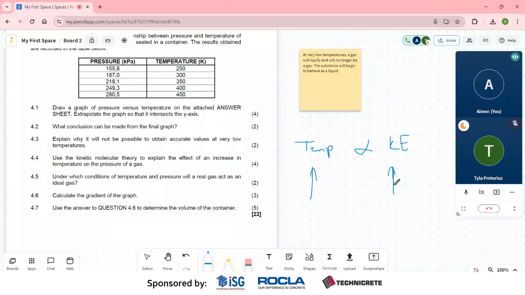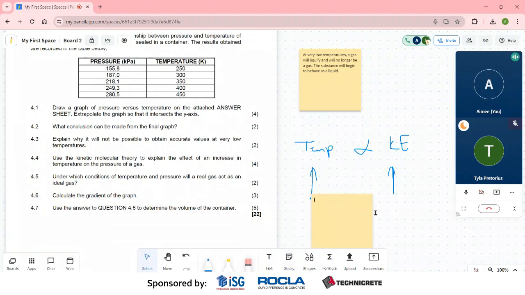Point number two is that when particles have more energy, they move faster. Point number three is that when molecules move faster, it increases the number of collisions that occurs between these particles. And point number four is that if the number of collisions increases, so the pressure increases.